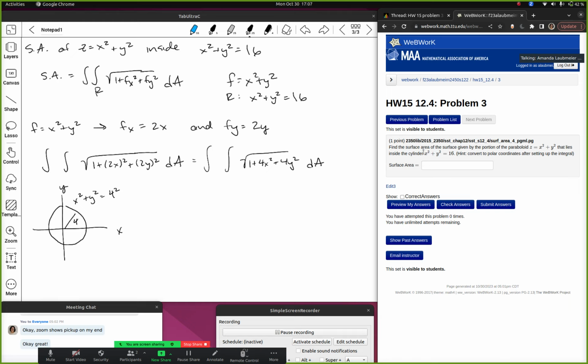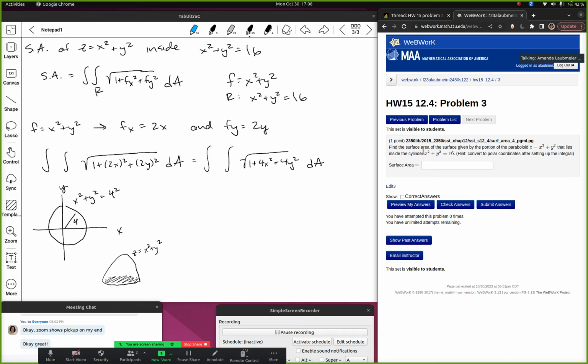And so we have this object that we're finding the surface area of, and this base of it is going to be the same as that circle, which I'll go ahead and leave there. It's not hurting anything.